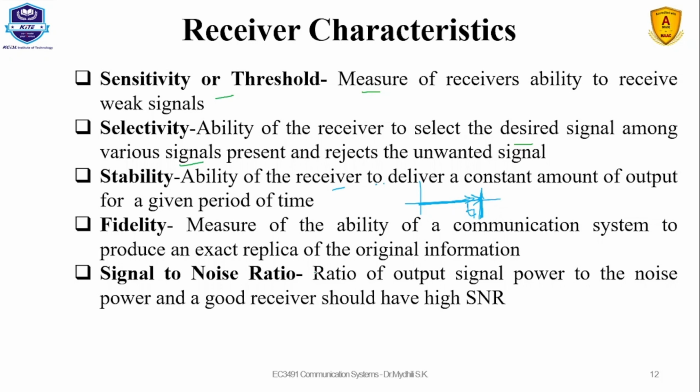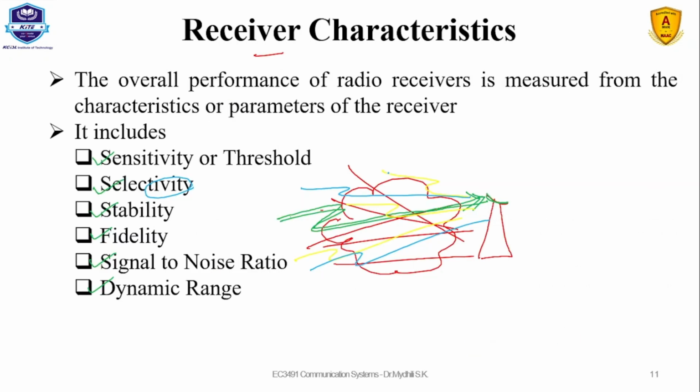What is fidelity? It is the measure of the ability of a communication system to produce an exact replica of the original information. Fidelity is nothing but duplicating, we can say, though it is not duplication actually. From the transmitter end, it should produce the exact replica. The green signal we received in the previous part must be the exact signal present here.